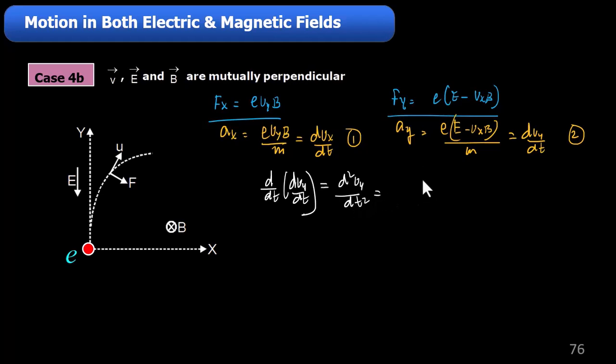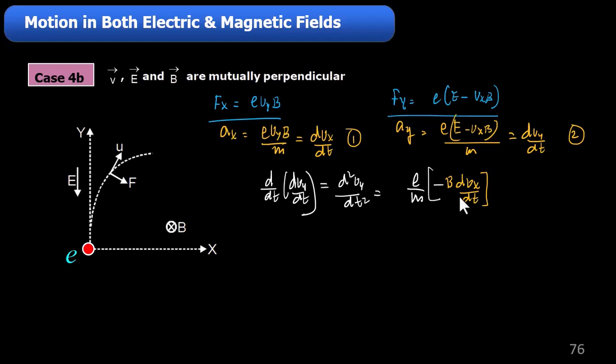That should be how much? e by m take outside, and capital E will give the 0 result. So minus, not Vx, it is dVx/dt, minus B into dVx/dt, right? So this is the value of the second derivative of Vy.